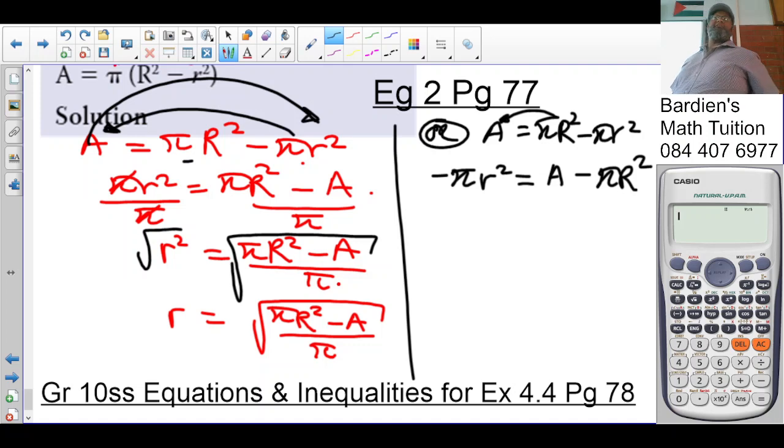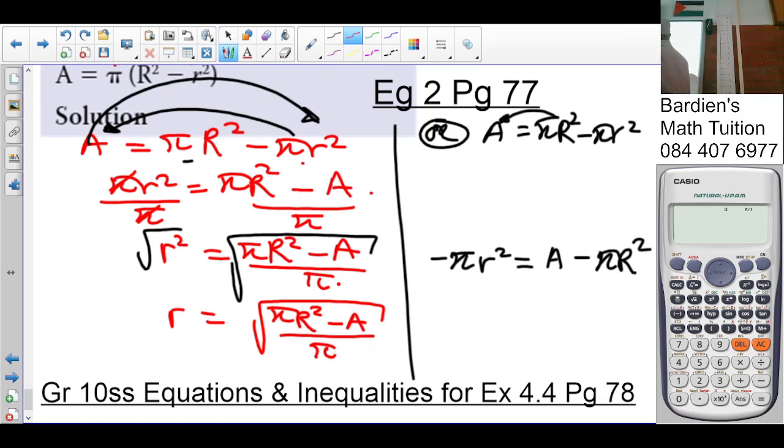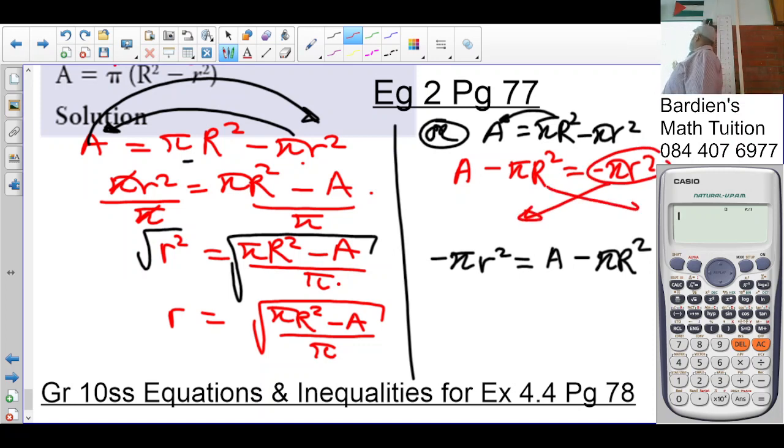You all agree with that? Okay, wait. I'm sure you're probably confused here. You have taken that, so it's going to be a minus pi R squared is equal to negative pi r squared. You all agree with that? Now if I switch that to that side and that over, it's exactly the same.